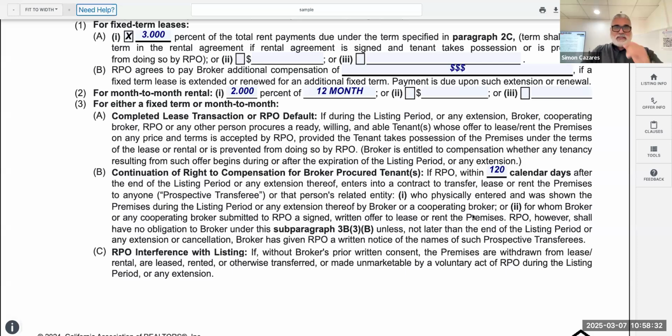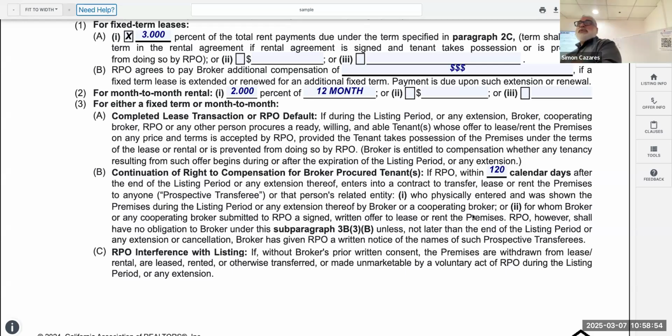So the continuing right to compensate for broker procuring the tenant, if landlord within 120 days after, and this is calendar days, okay? So that includes holidays, that includes weekends, okay? So calendar days, so every single day from the time of the listing or any extension thereafter.